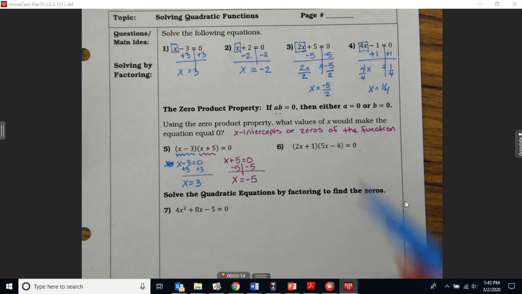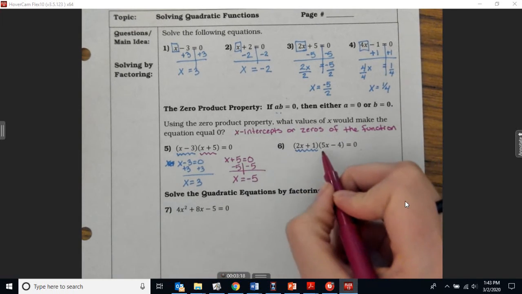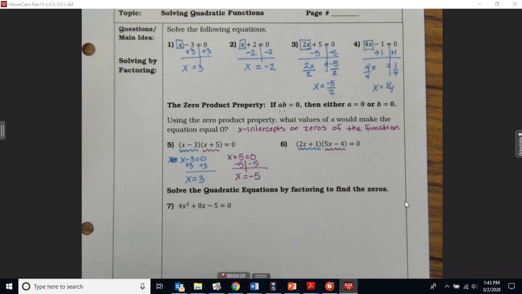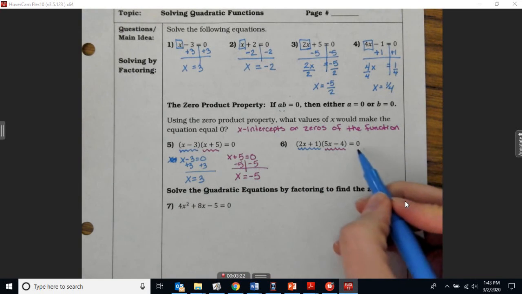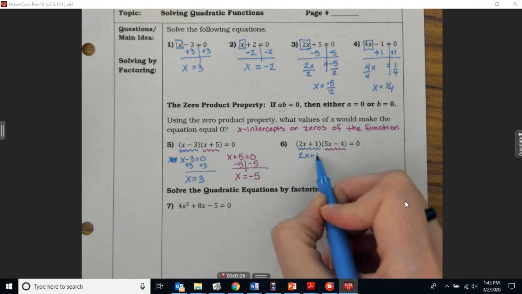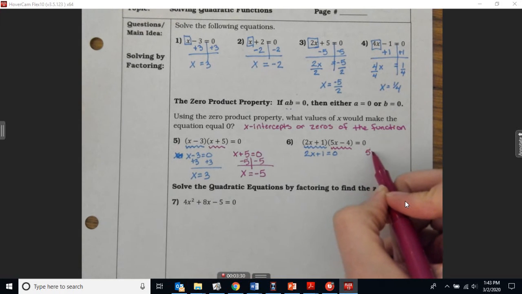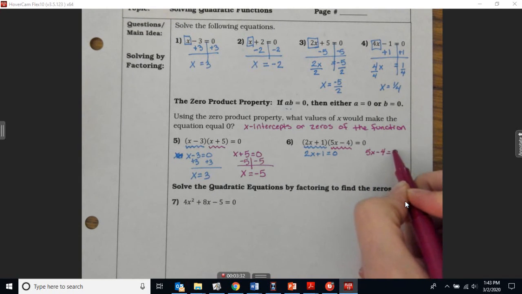We're going to do the same thing for number 6. I have 2x plus 1 times 5x minus 4. And if the whole equation equals 0, then that means either 2x plus 1 equals 0 or 5x minus 4 equals 0.